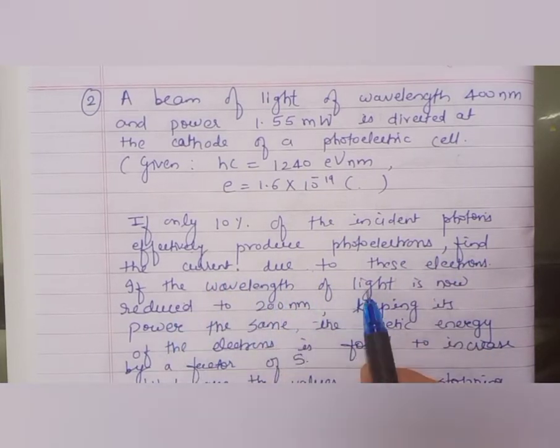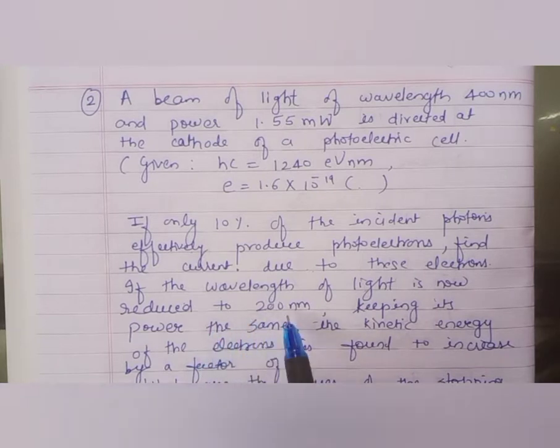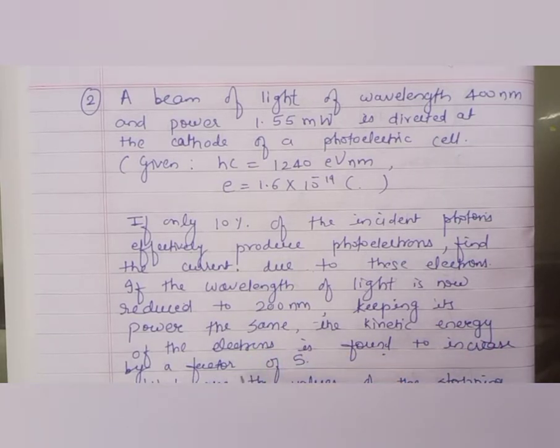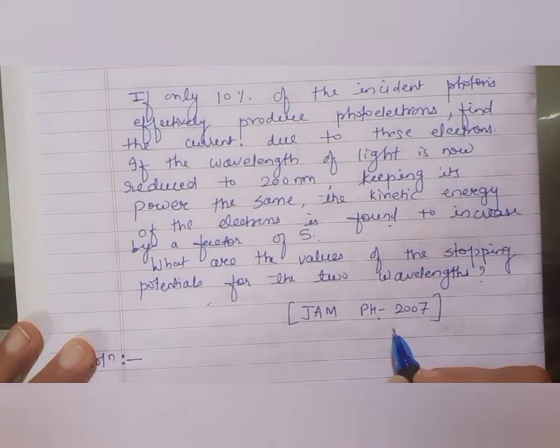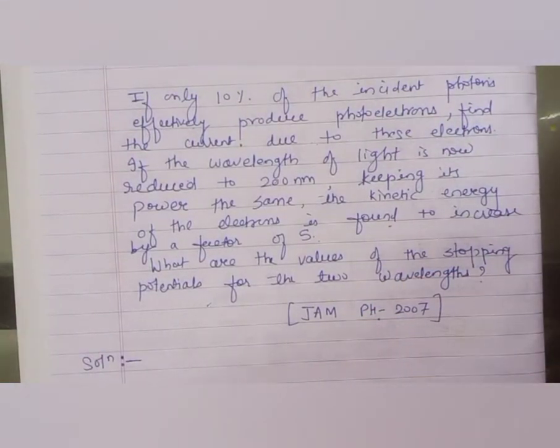If the wavelength of light is now reduced to 200 nanometer, keeping its power the same, the kinetic energy of the electrons is found to increase by a factor of 5. What are the values of the stopping potentials for the two wavelengths?